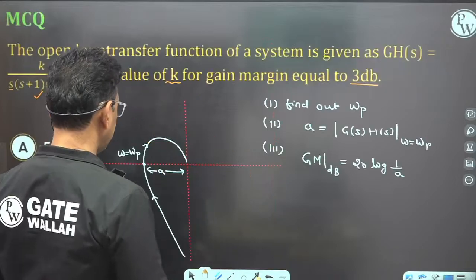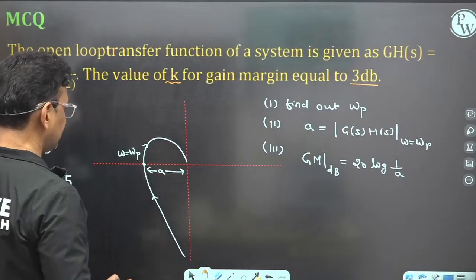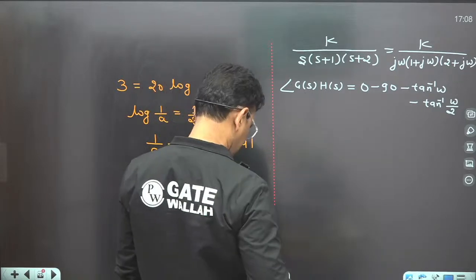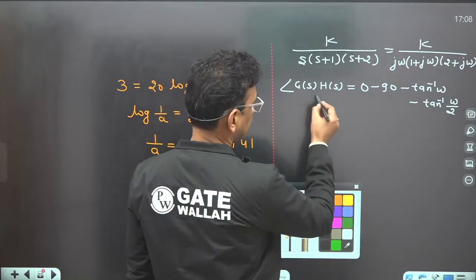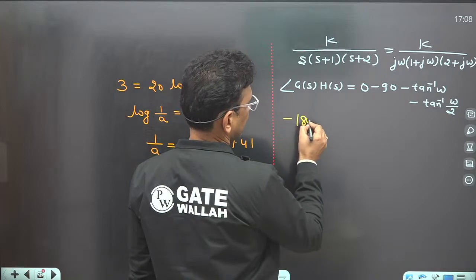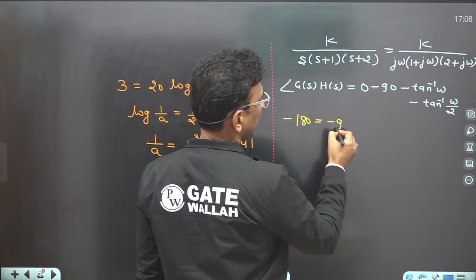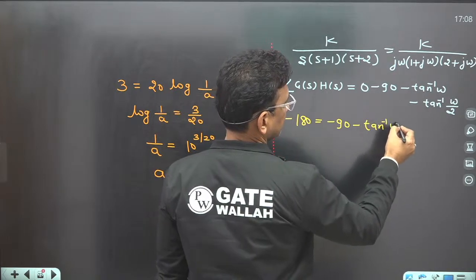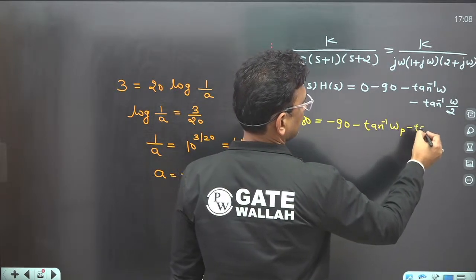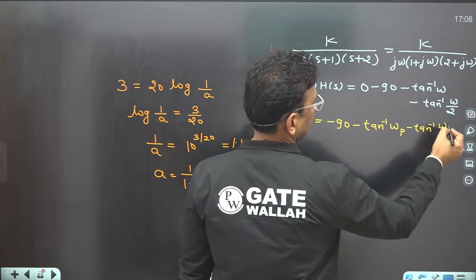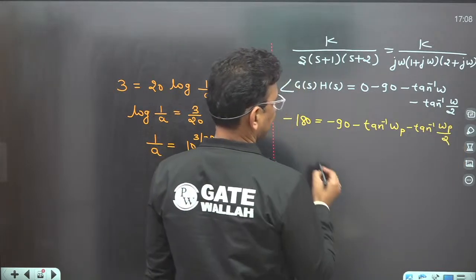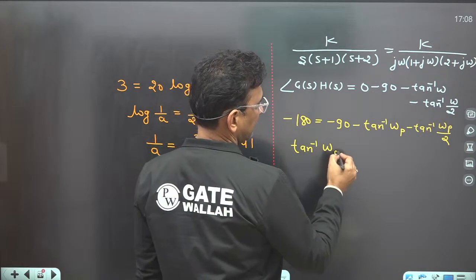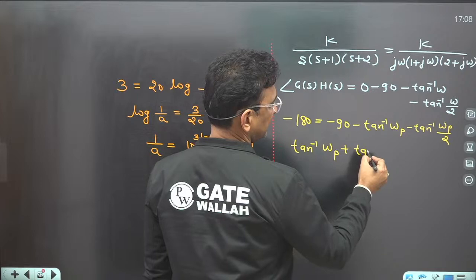This is the phase angle of the open loop transfer function at any omega frequency. So when omega becomes omega p, this phase angle becomes minus 180 degree. So it is tan inverse omega p plus tan inverse omega p by 2.